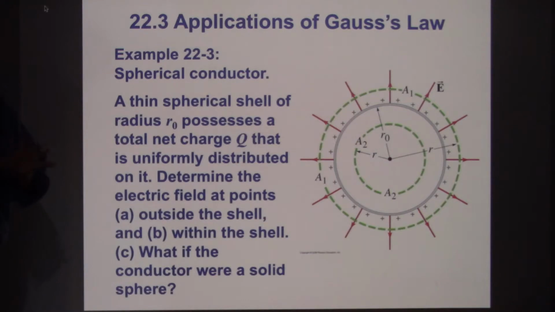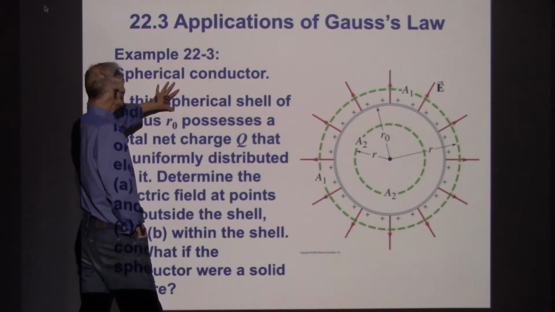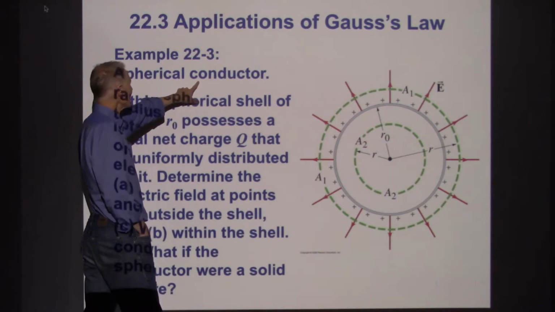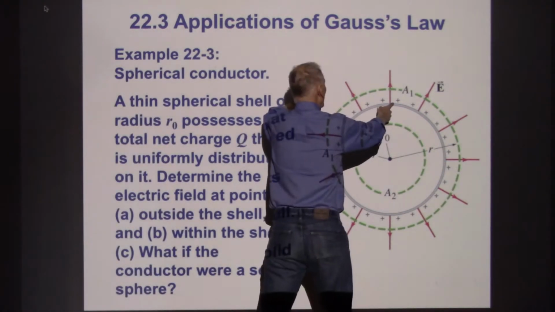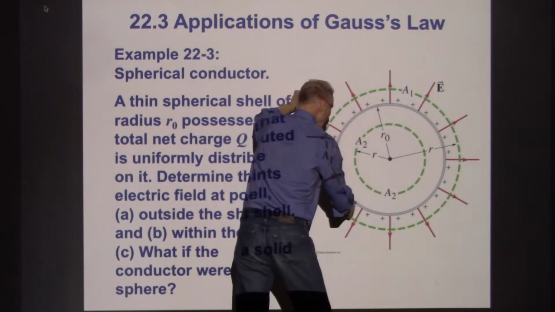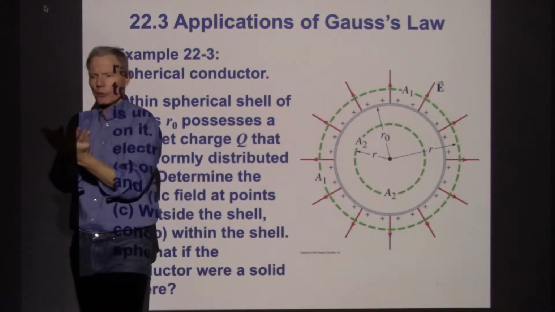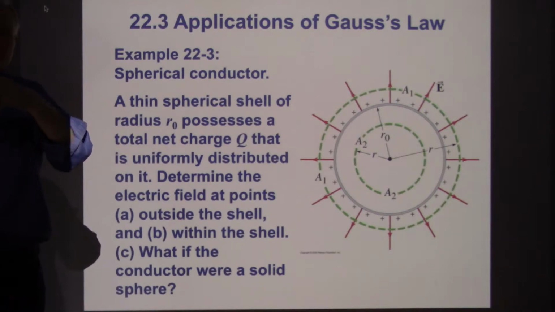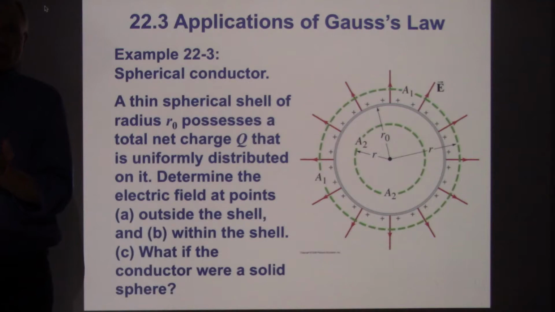So that's why Gauss's law works. Now, where Gauss's law becomes really useful, let's look at a spherical shape of a charge. Now they're saying it's a conductor. It doesn't have to be a conductor. It could be an insulator. The important feature here is that we have a spherically symmetric distribution of charge. So we have this charge set up on this surface. It uniformly distributes itself because it's spherically symmetric, not because it's a conductor.